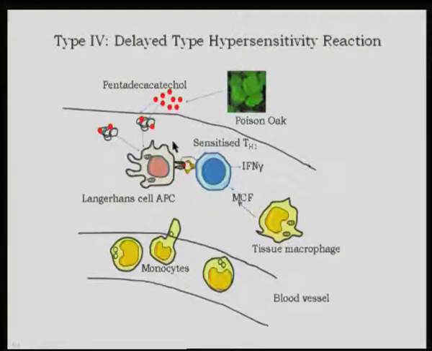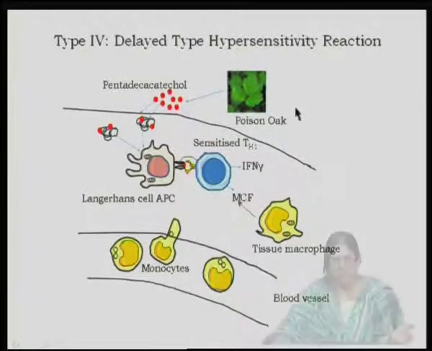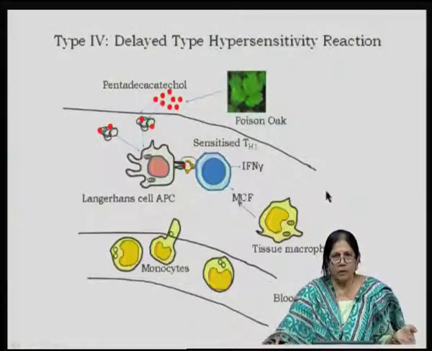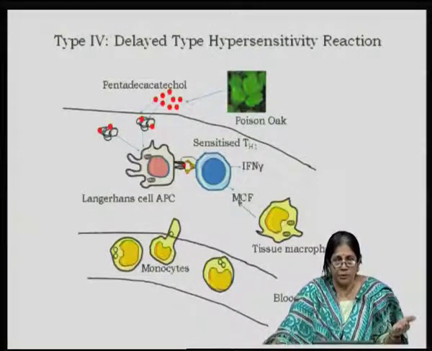Delayed type hypersensitive reactions can be treated by just withdrawing the source of the molecule. In case of poison oak, one would of course come across that only in a forest, for example.